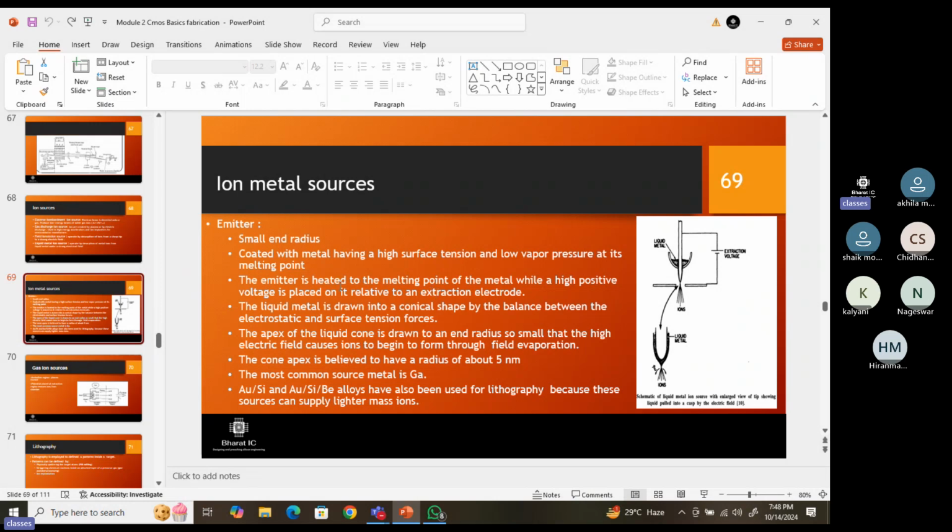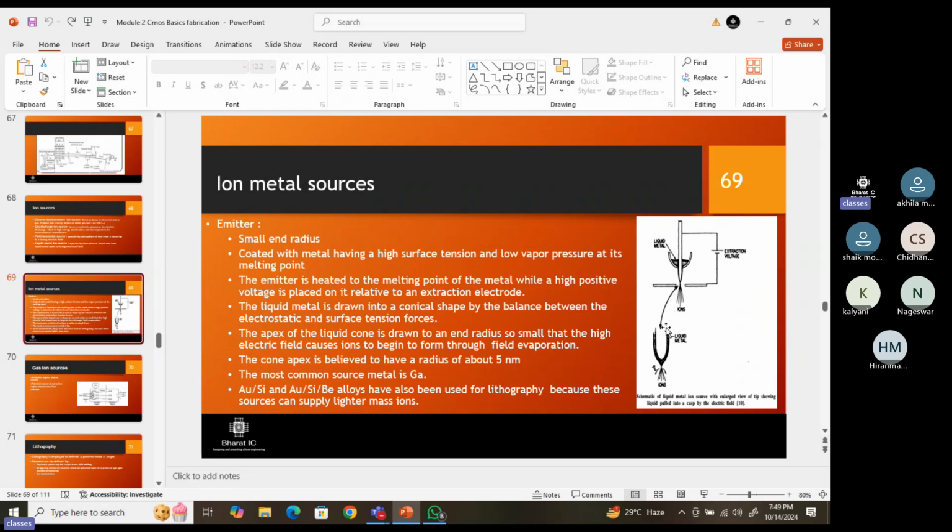The emitter point, from where the source is generated, is heated to the melting point, so the metal melts into liquid form. There are two parts: an extraction electrode, and the liquid metal with this pencil-type emitter. A positive voltage is applied, and then from here the ion is released.